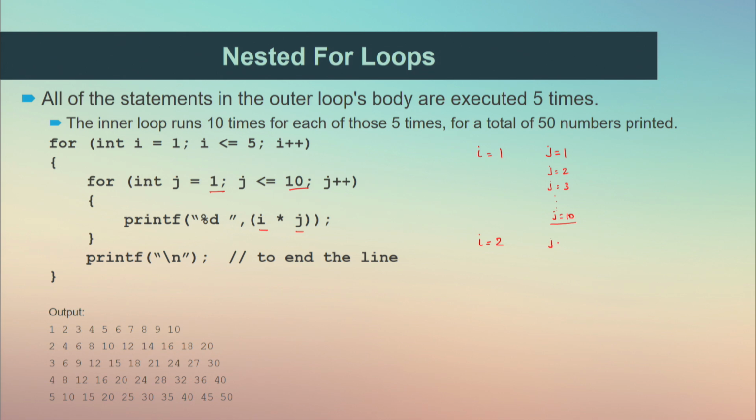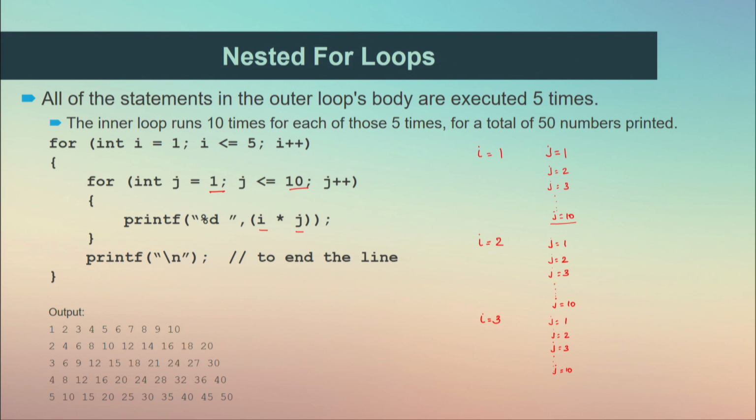Now, again the j value, the counter variable's value, will keep changing from 1 to 10. After reaching the value 10, the outer loop value will be incremented by 1, then it again starts its execution of the inner loop with j value starting from 1 to 10.